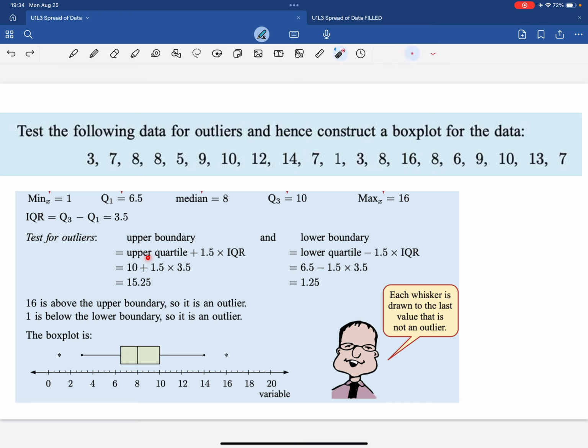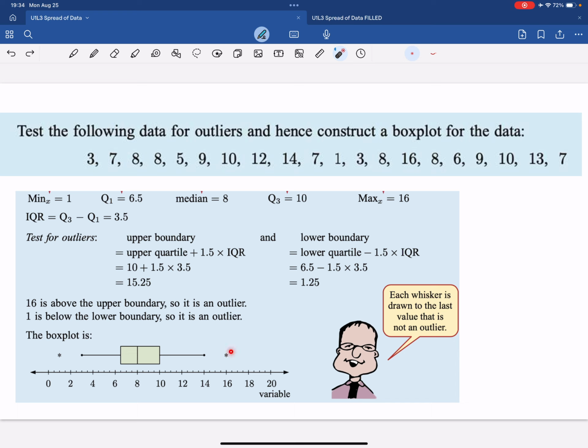They'll take the Q3, which they have from the calculator, Q3 plus 1.5 times IQR. The IQR is over here. It's Q3 minus Q1, which is 3.5. So if we take 10 plus 1.5 times 3.5, we get 15.25, right? And we can check. There is one value right here, 16. One value that's an outlier.